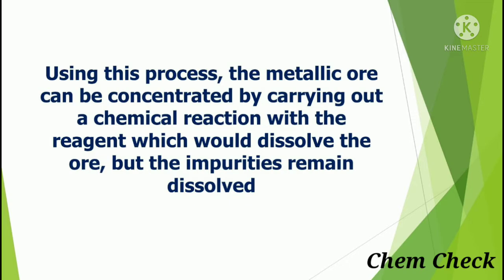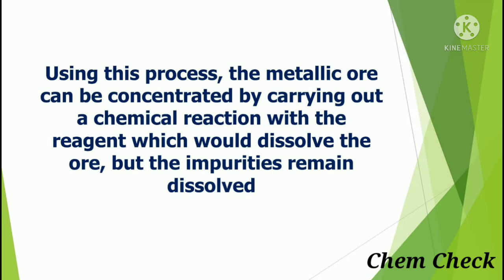So using this process, the metallic ore can be concentrated by carrying out a chemical reaction with a reagent which would dissolve the ore, but the impurities remain undissolved. The chemical substance used for the leaching process will dissolve only the metallic ore particles, whereas the impurities present in that ore remain undissolved. This is the fundamental principle involved in leaching.